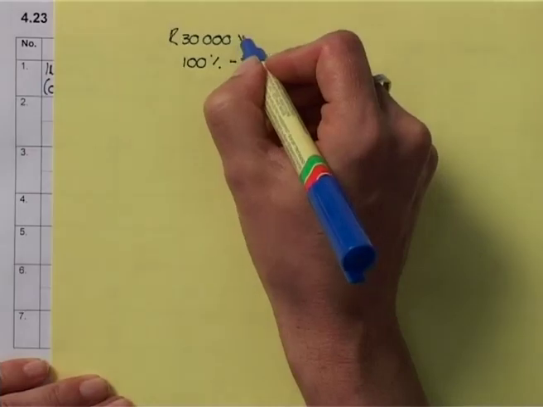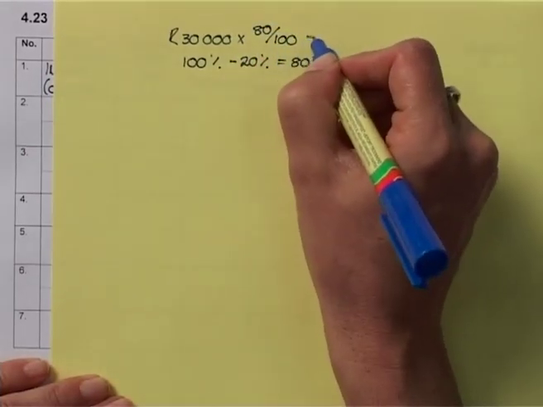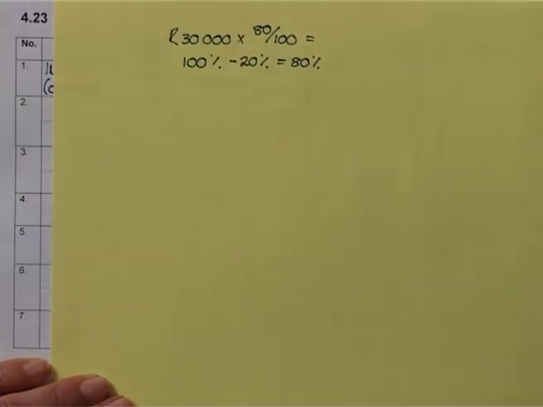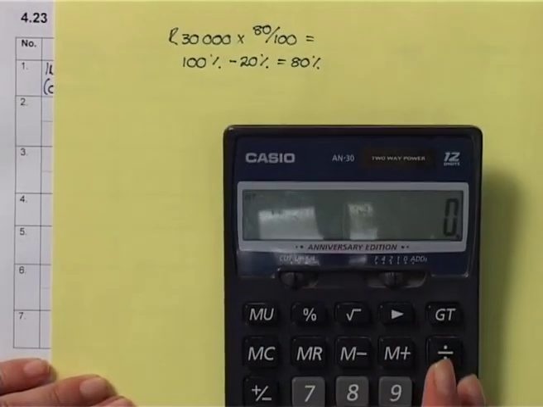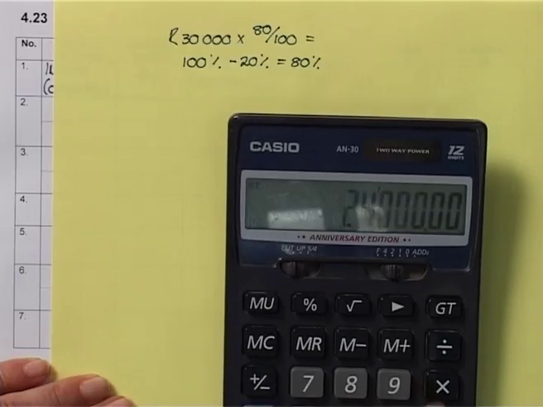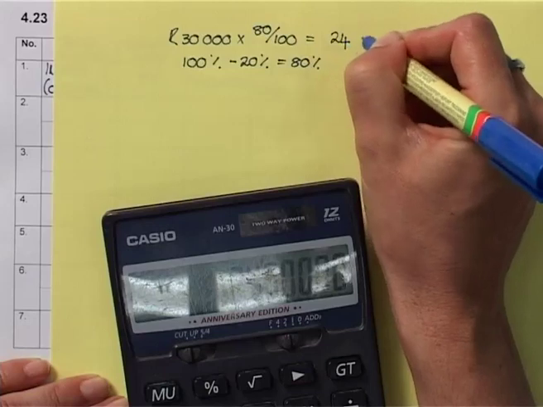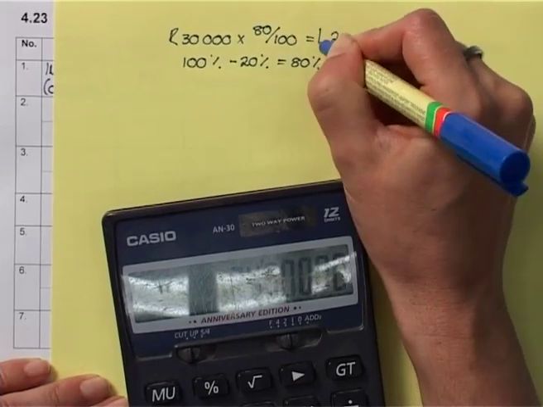So we can just multiply the 30,000 with 80 out of 100. So if we can quickly look at our calculation, 30,000 Rand times 80 divided by 100, and that will give us the amount, the historical cost price for which we need to account.